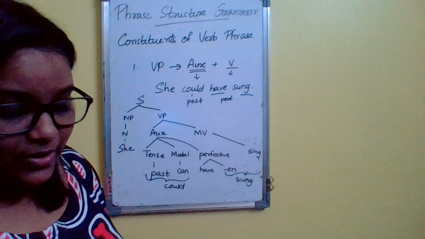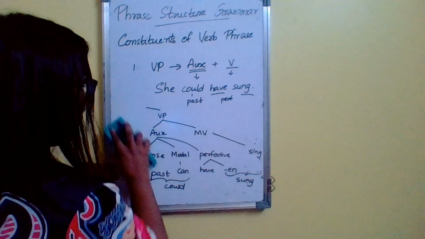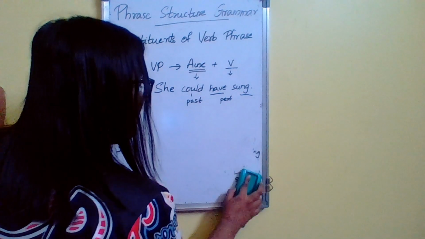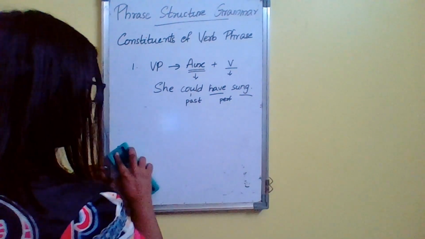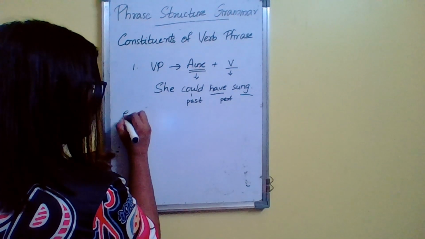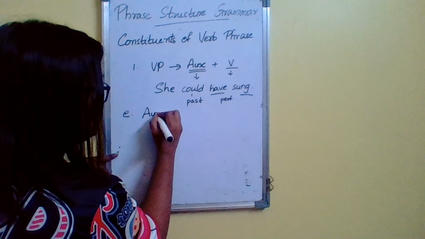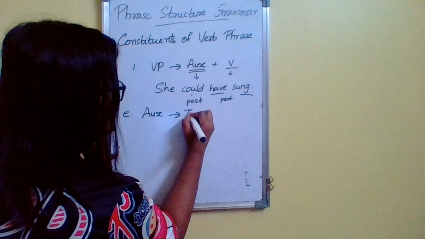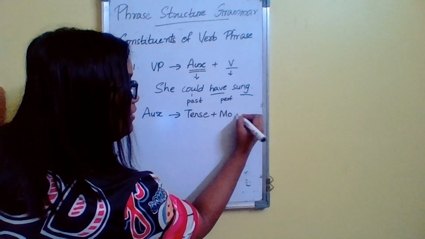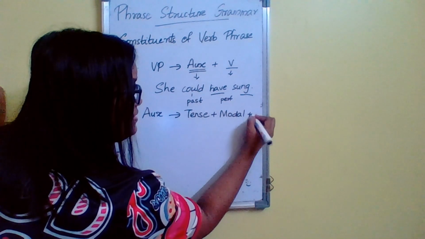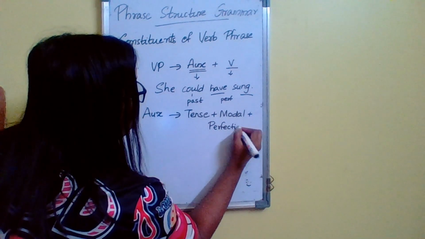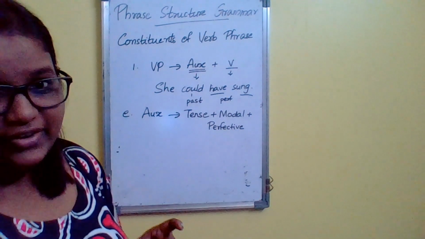Okay, now let's rewrite the formula or the possibility of what can constitute an auxiliary. So the fifth possibility of an auxiliary is tense plus modal plus perfective.